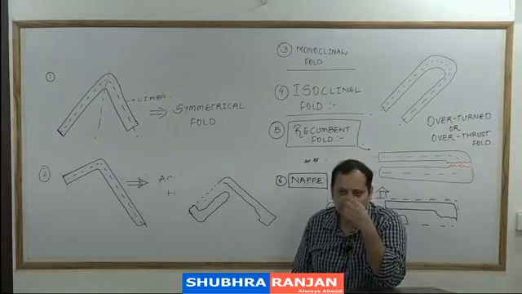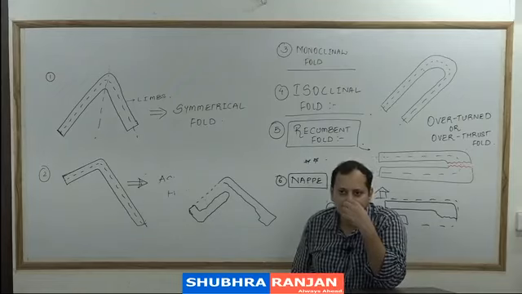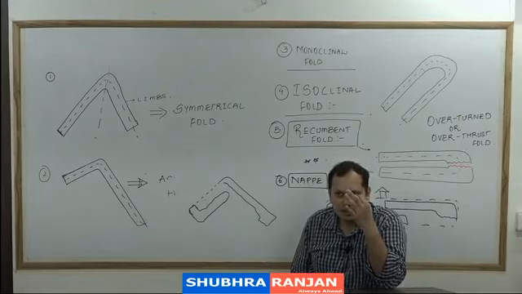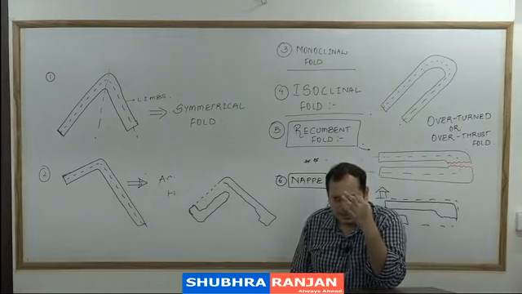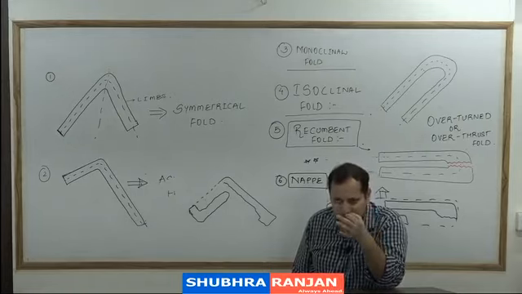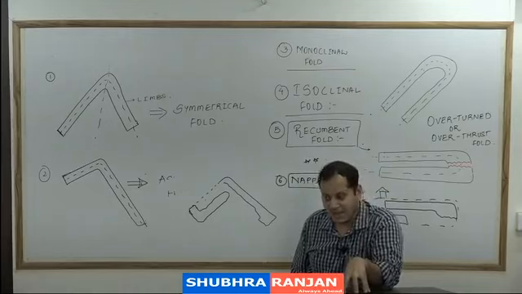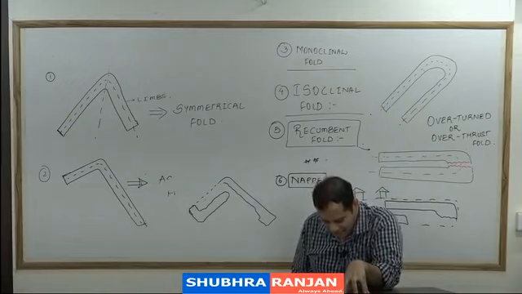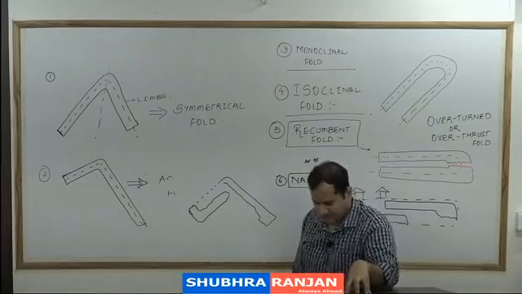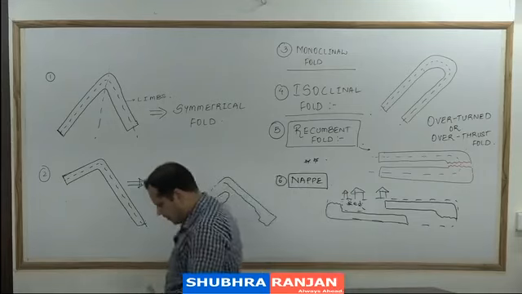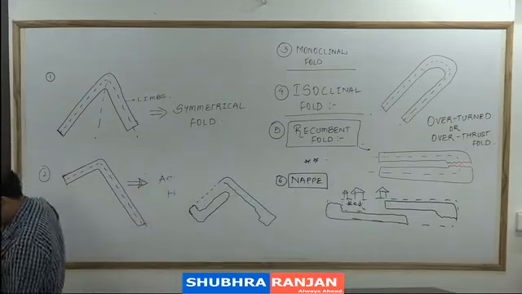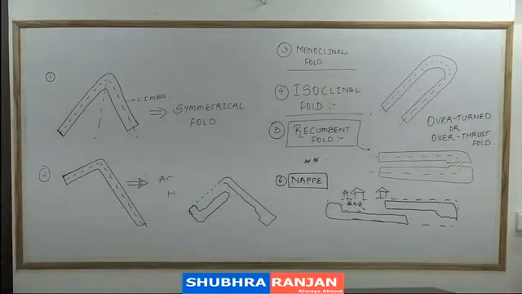Sixth, nappe. In the cases of Rockies, Andes, Himalayas, इसमें Alps भी आएगा, but I am not taking that example. Why?